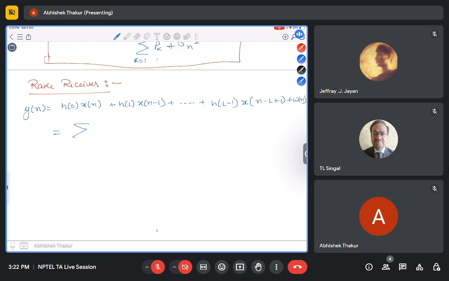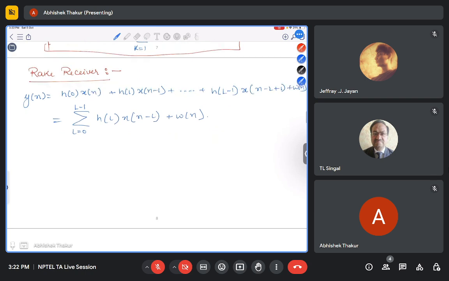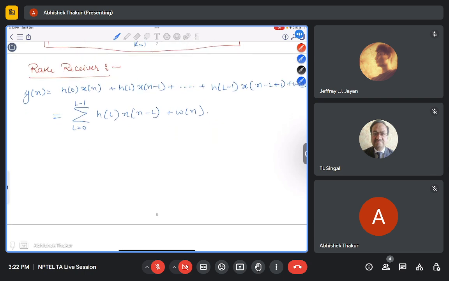So this can be written as summation of l equal to 0 to capital L minus 1 h of l x of n minus l plus w of l. Now in a CDMA signal, x of n is given as A naught C naught of n.